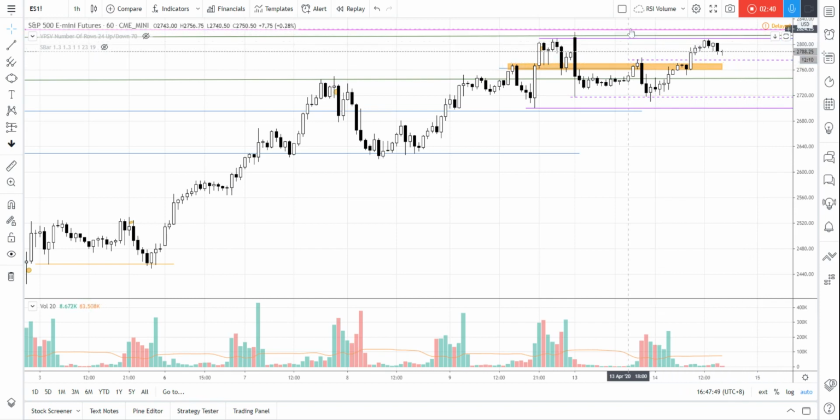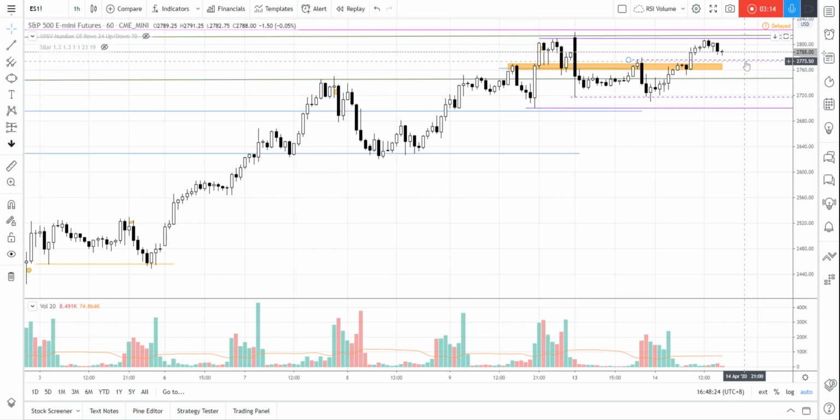Another obvious level is the 2,800 level, which also coincides with the swing high here. So the potential setup is quite straightforward. We anticipate whether it shows a rejection from the high at 2,800, in which case we can initiate a short entry, or if we see some bounce up from the 2,770 area, then we can probably initiate a long entry.